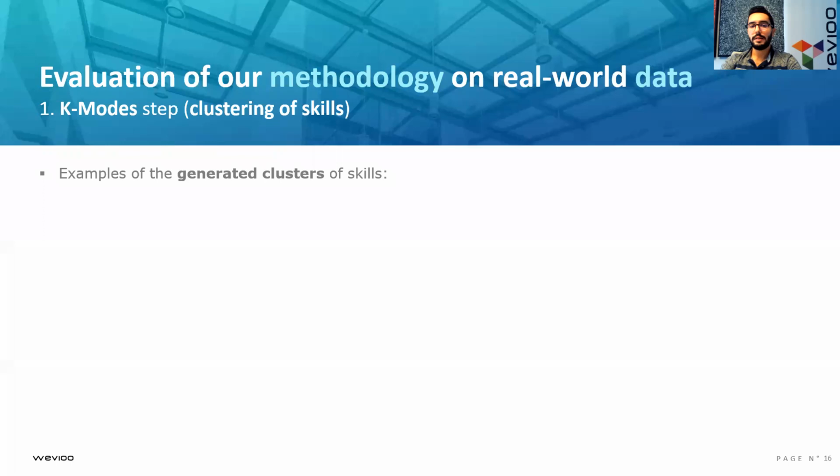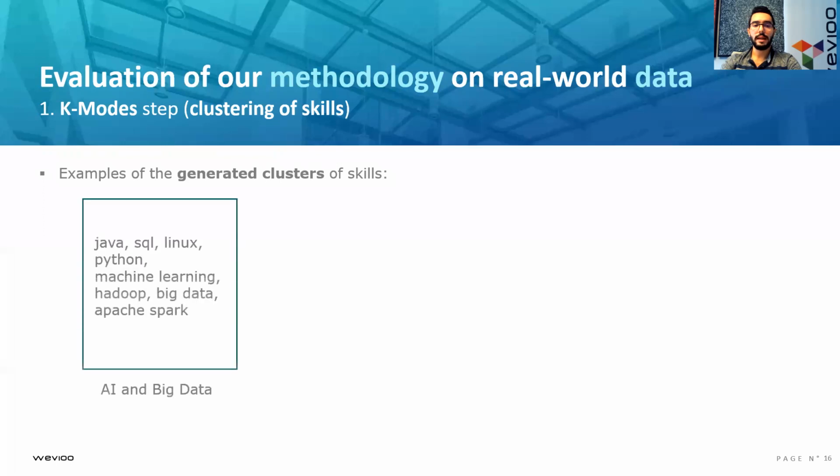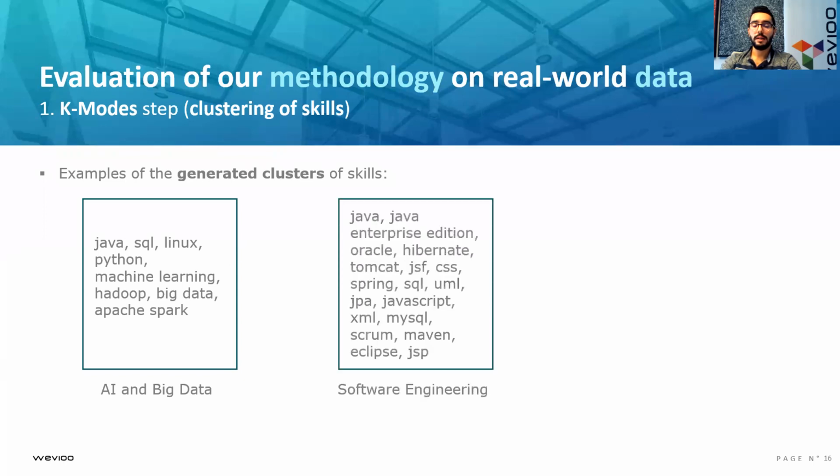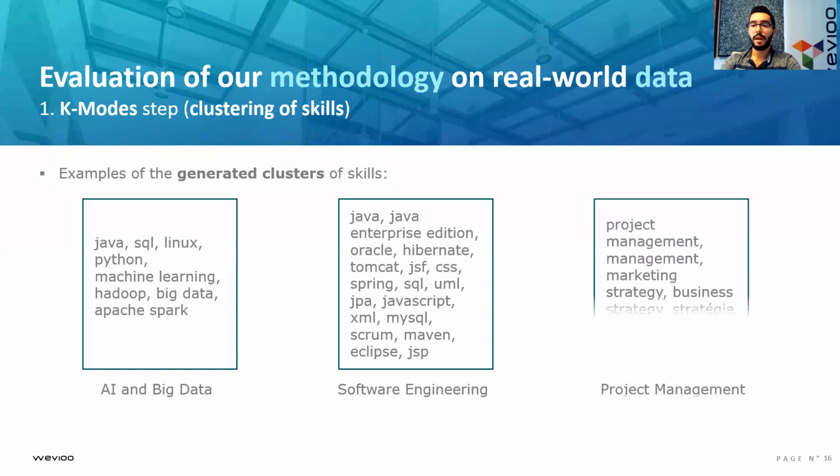Some of the generated clusters of skills are, for example, the first one that contains Java, SQL, Linux, Python, machine learning, Hadoop, big data, Spark, that we can name AI and big data. Also the second one, for example, contains Java, Hibernate, Spring, Maven, Scrum, and we can name it software engineering. And another example contains project management, strategy, business strategy, and we can name it project management.